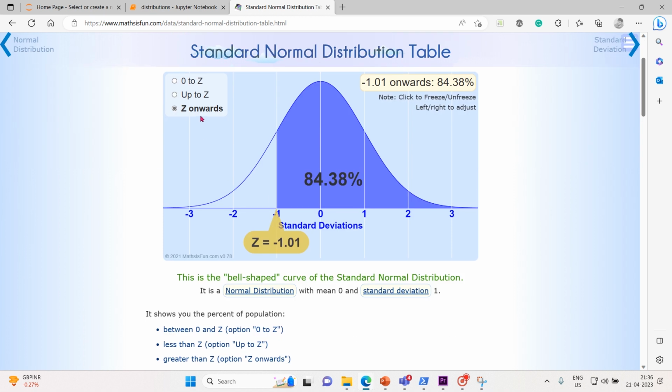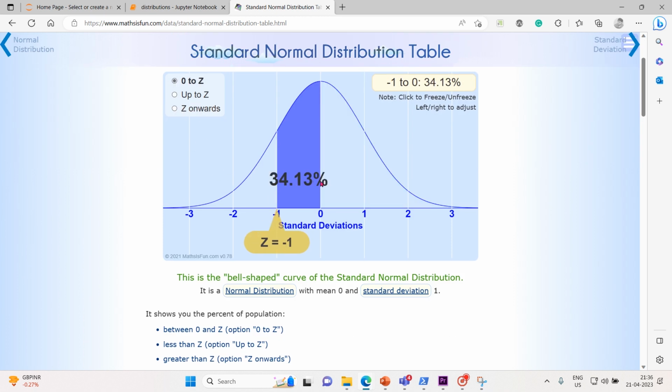If you see this, let me put it 0 to Z, and this is our standard normal distribution curve. Instead of the mean mu, you have 0, and the 1, 2, 3 standard deviations have been replaced with 1, 2, 3 positive and -1, -2, -3 negative.